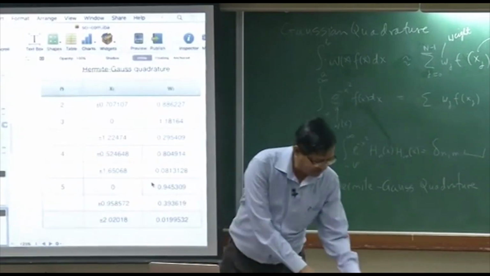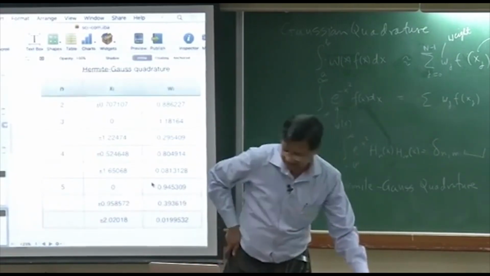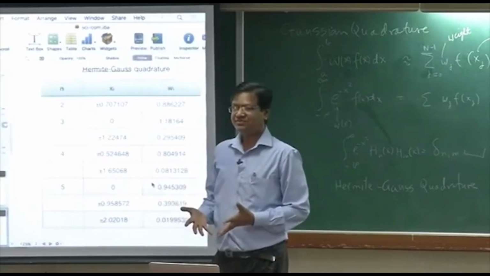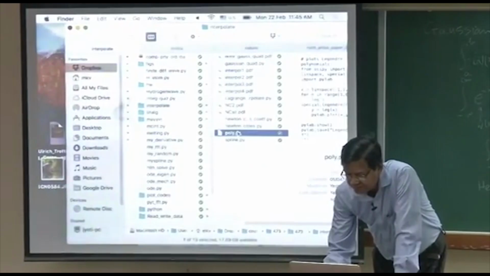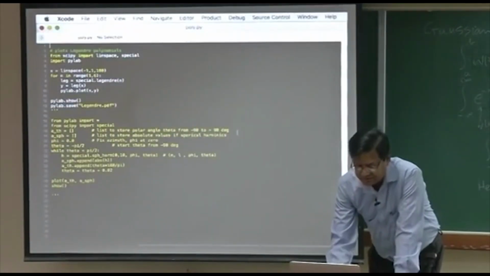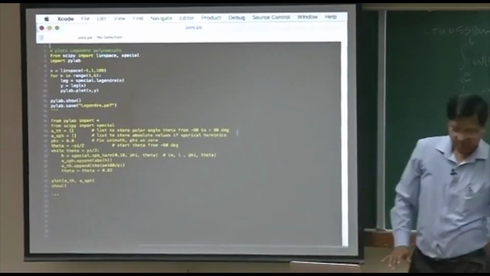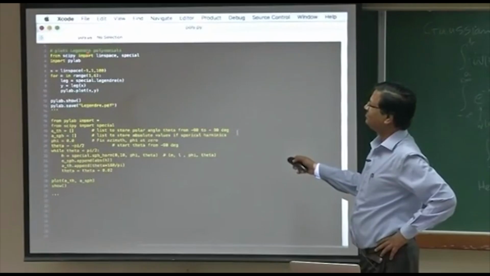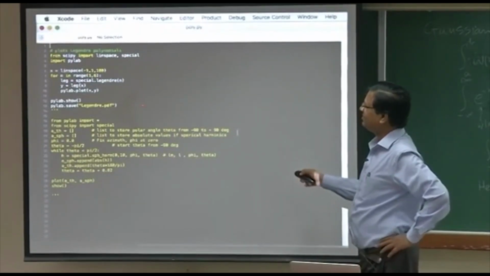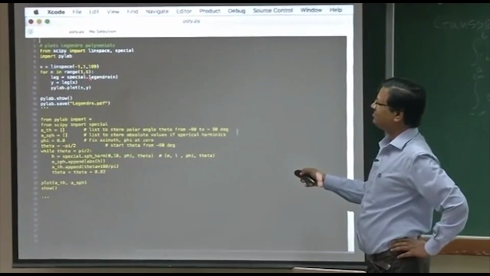So I have a bit of time, so let me also show you how to use a special function. So you have to import from SciPy special. Okay. So this is what you need to import, special. Now this is for Legendre.